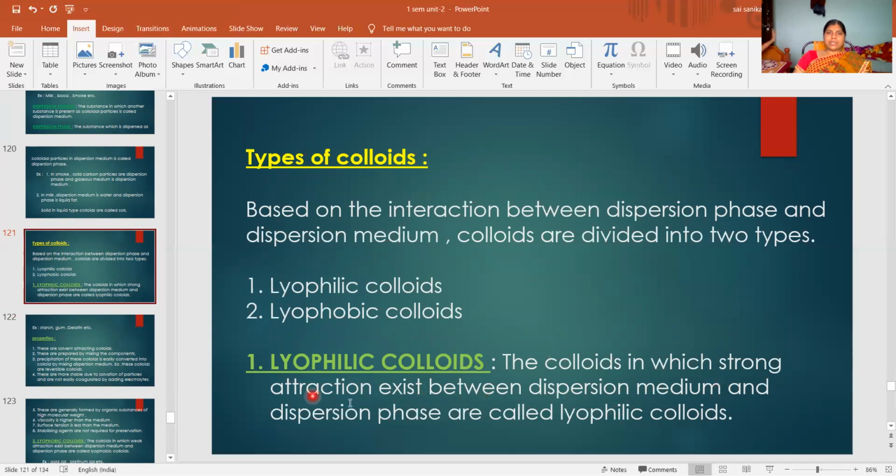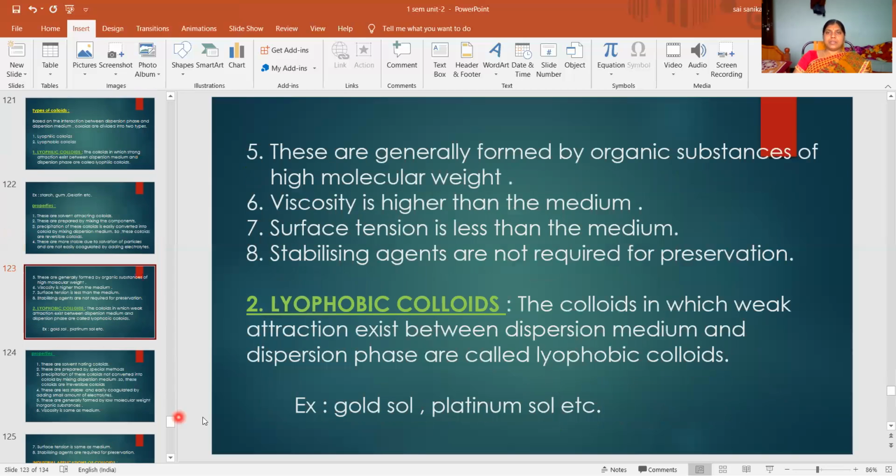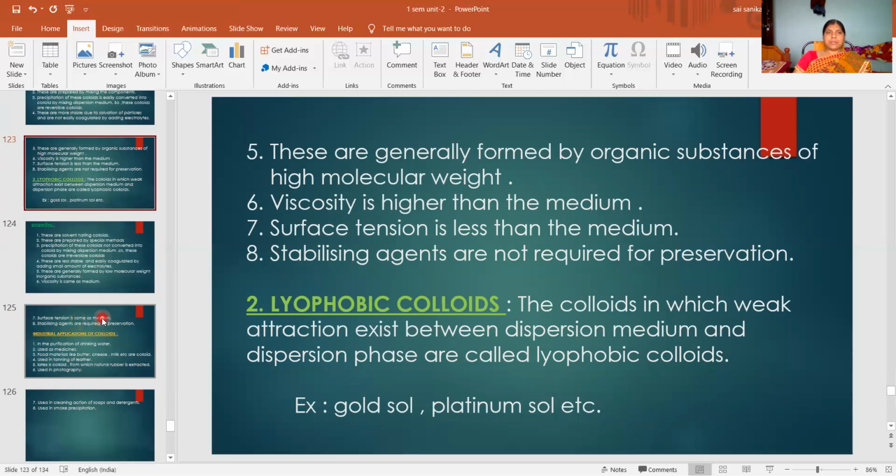If strong interaction exists between dispersion medium and dispersion phase, those are called lyophilic colloids. If weak attraction exists between dispersion medium and dispersion phase, those are called lyophobic colloids. And we have seen the properties of lyophilic and lyophobic colloids.